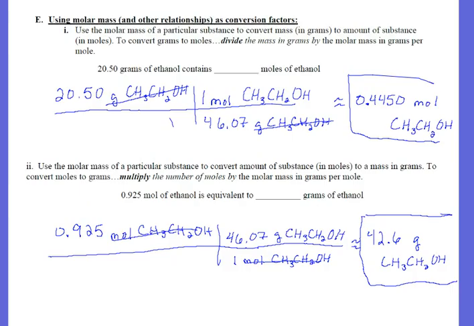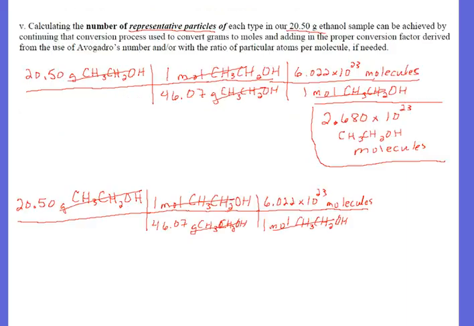So now, since we know how to calculate how many molecules we have, we should be able to calculate how many hydrogen atoms we have. And that just looks like this. So one molecule of CH3CH2OH has 6 hydrogen atoms. So your molecules of ethanol go away and your atoms are left over.